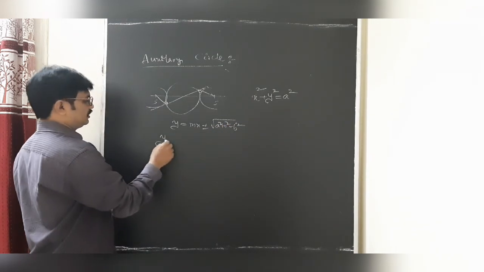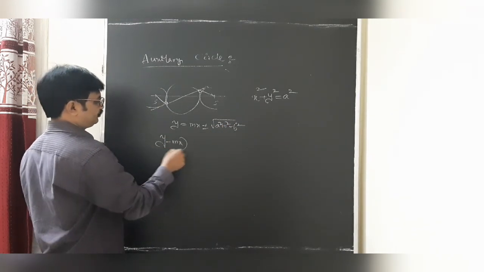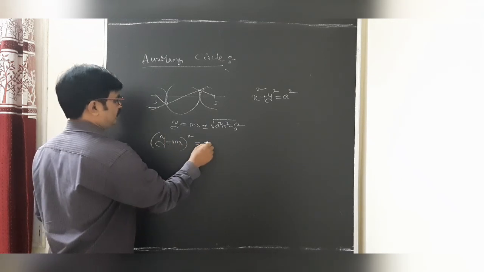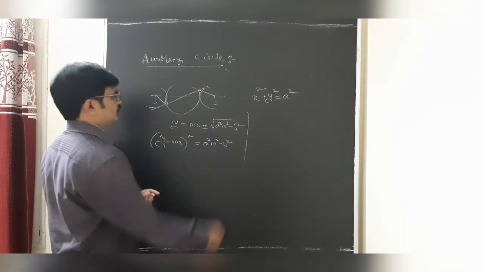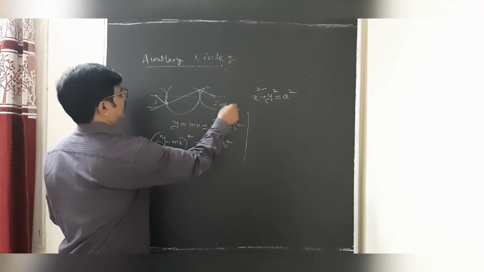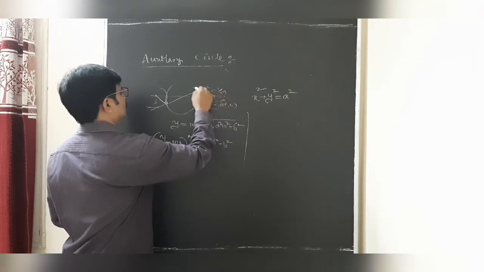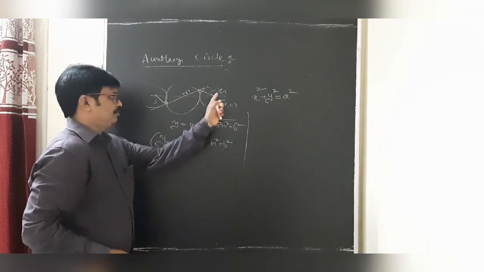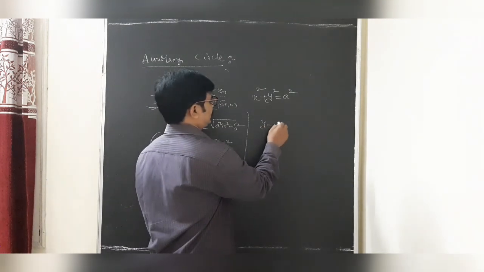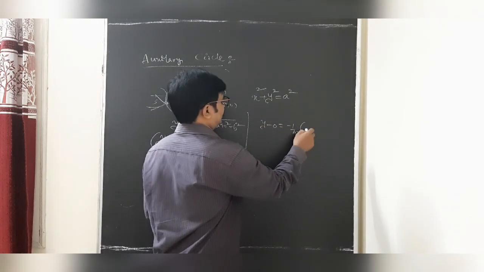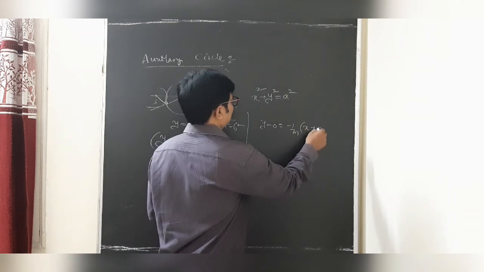This is, (y minus mx) whole square equal to a square m square minus b square. So, students, this is the focus a comma 0 having the slope m, and the perpendicular having the slope minus 1 by m. So, students, y minus y1 equals minus 1 by m into x minus x1.